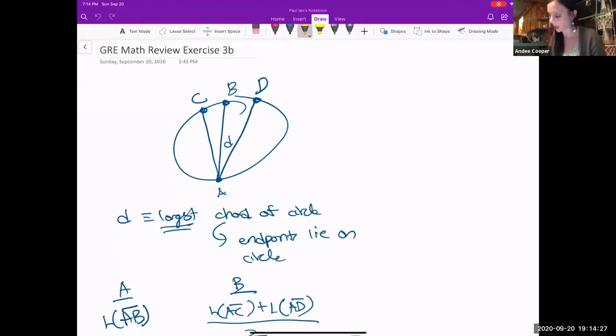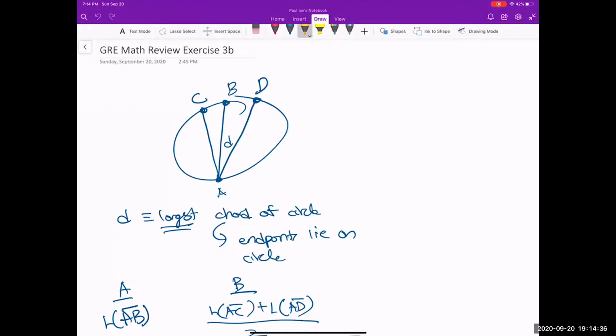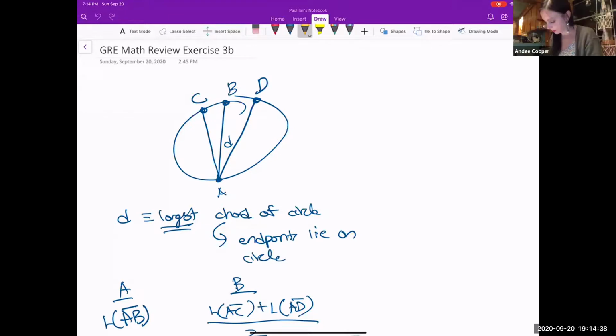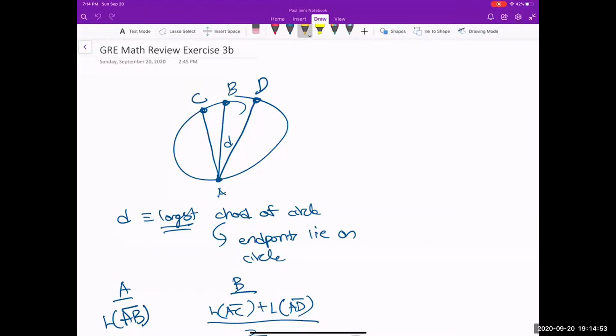So that means any of those lines, A and B. Oh, I see. So the length of AB, or the average of the lengths of AC and AD. Okay, yeah. If you draw a picture, it's easy for this one.